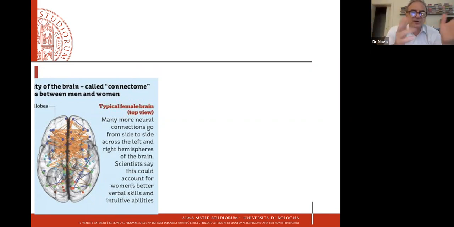This is a typical female brain. You see a lot of mess here, a lot of lines, many neural connections go from one side to the other, left to right, across the hemispheres. And scientists say this could account for women's better verbal skills and intuitive abilities. Well, strong statement.